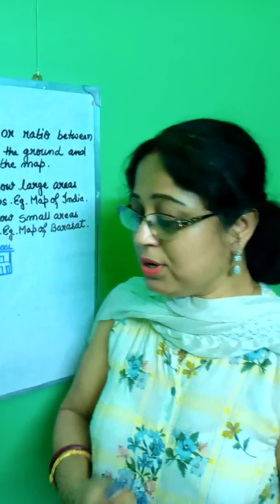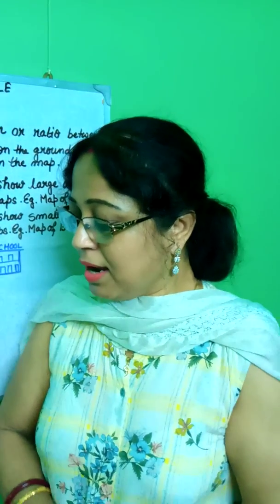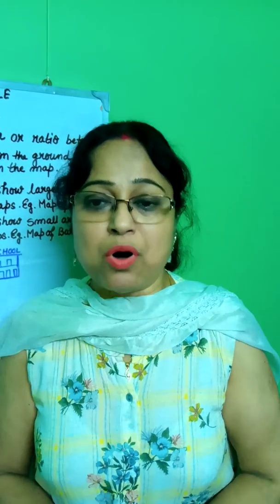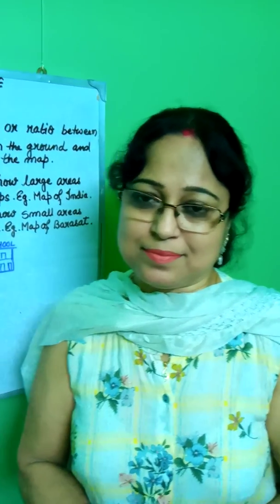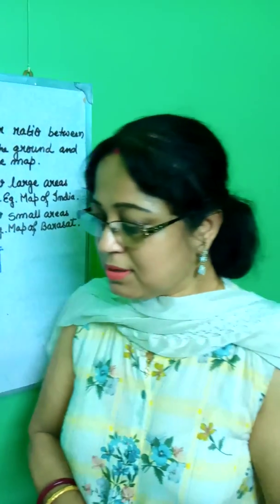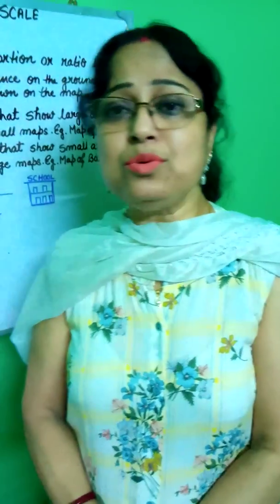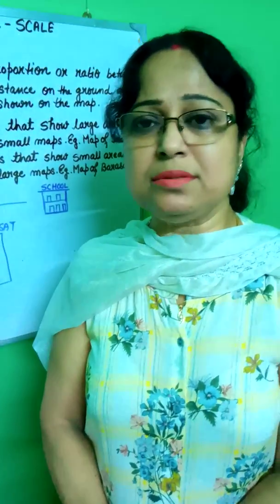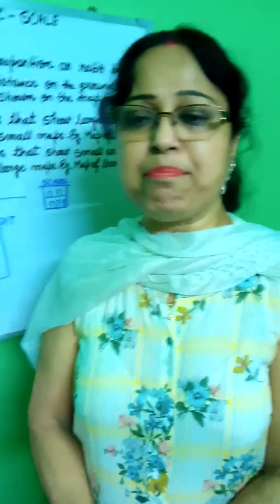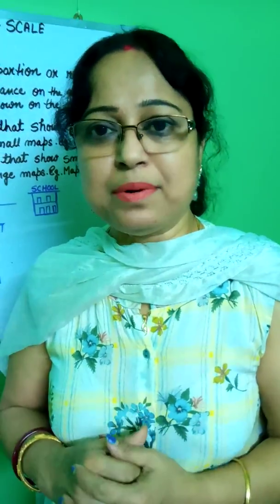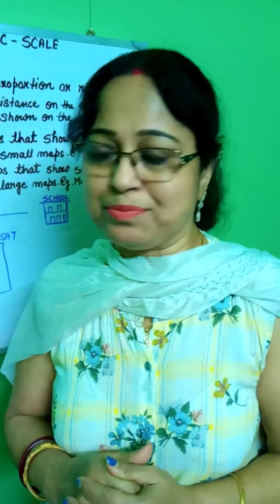That means what I told, it makes a large area fit into a small size paper. So for this, we will see how a map maker uses this scale on the map, that I want to show you.